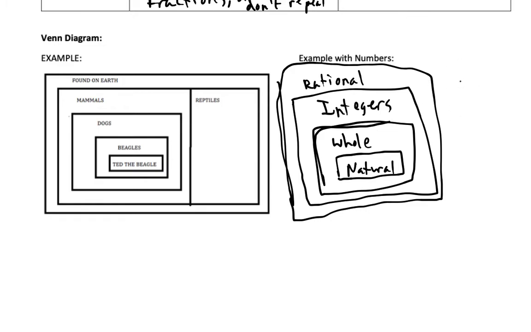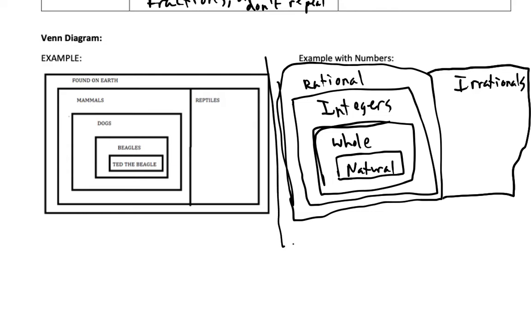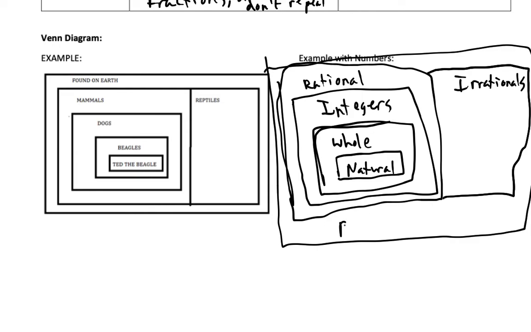Then we have the weird numbers, the irrationals. They're their own separate group off to the side. But all of these, the rational, irrational, integers, whole numbers, and such, are all real numbers.